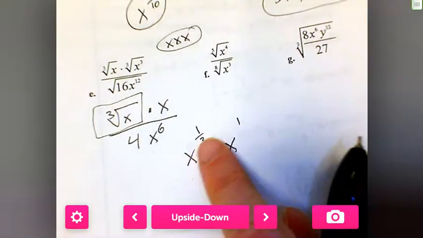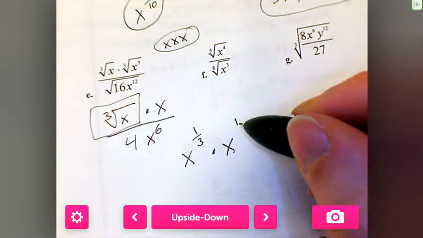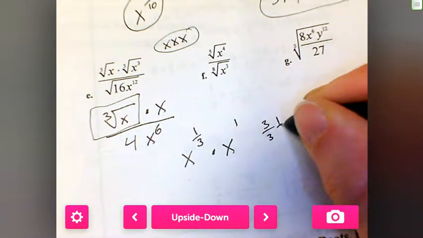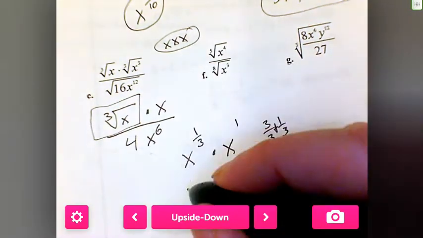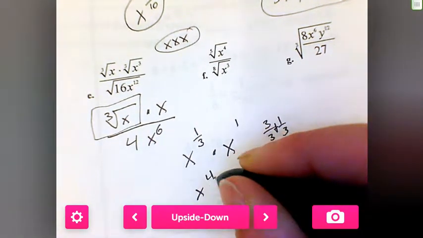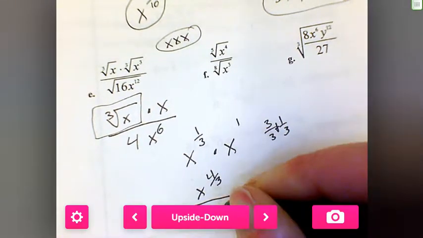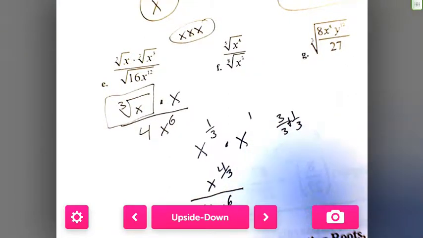What do I do with those? I add them together, right? X to the 1 power is the same as 3 over 3. Do we agree? So we add them together, and we get x to the 4/3 over 4x to the 6th. Okay?